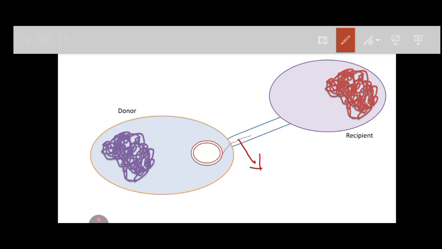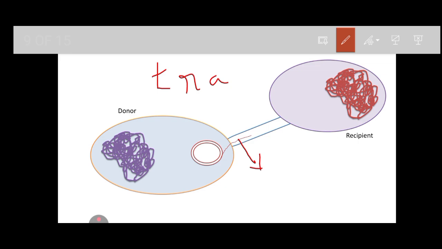What is TRA? It is called transfer gene. This gene encodes a protein for pilus formation and DNA transfer.